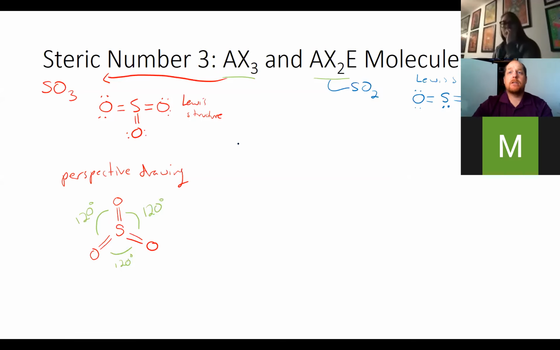So in our Lewis structure, if we look at the sulfur, now we have bonds, so those are bonded atoms. But we also have this lone pair.